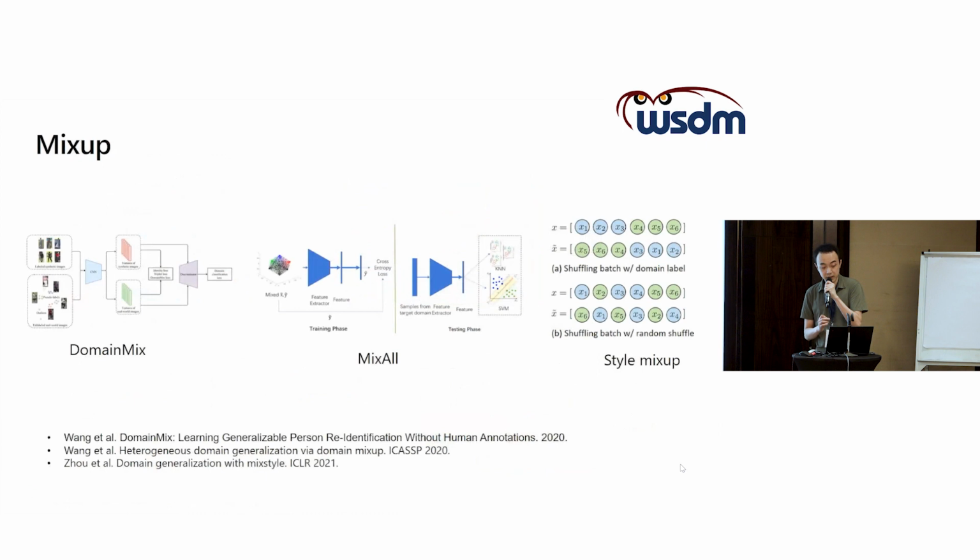Okay, so here is also the mix-up. The idea of mix-up is that you can treat this as a proposed data augmentation method. Here I show you several techniques, and how similar ideas can also be applied to the problem of domain generalization.